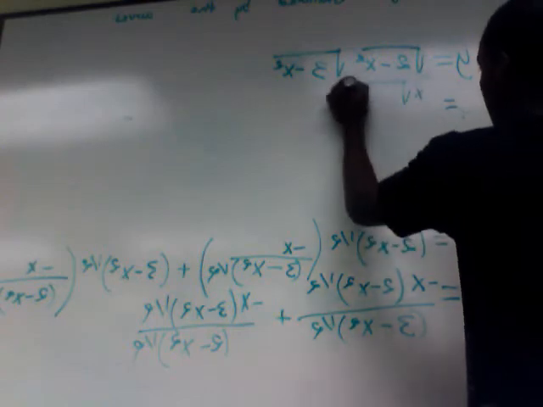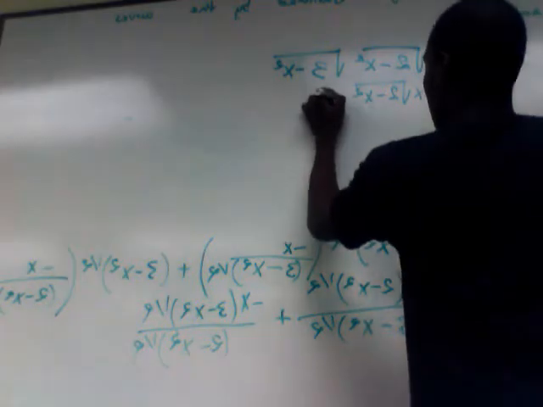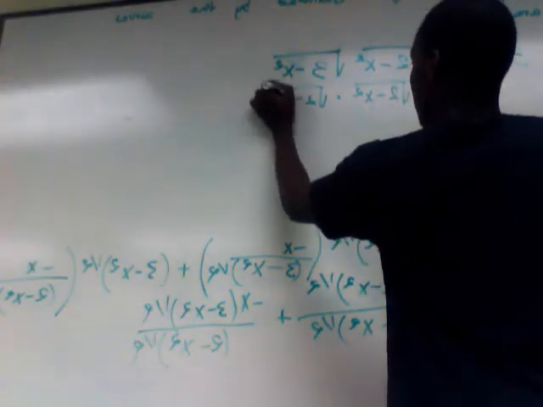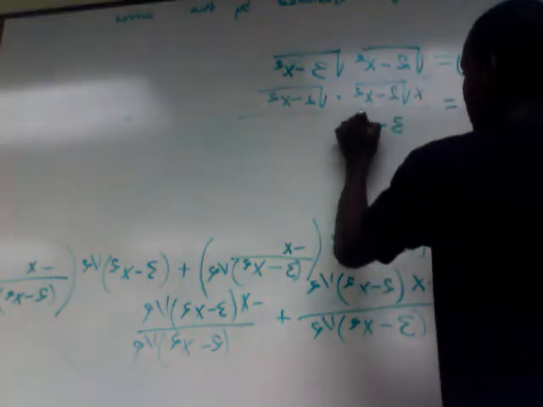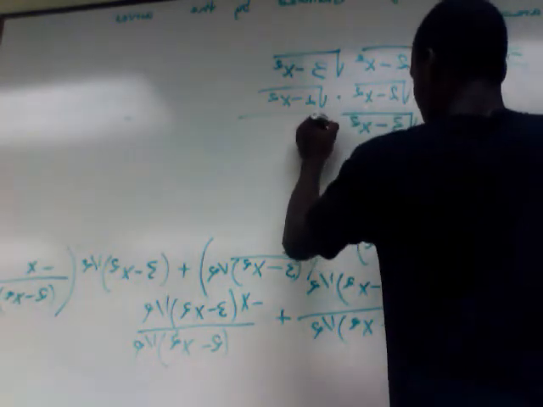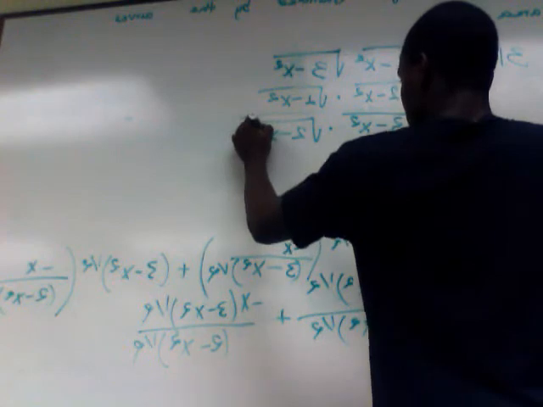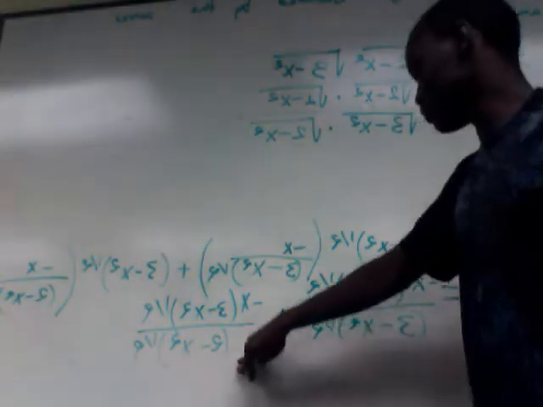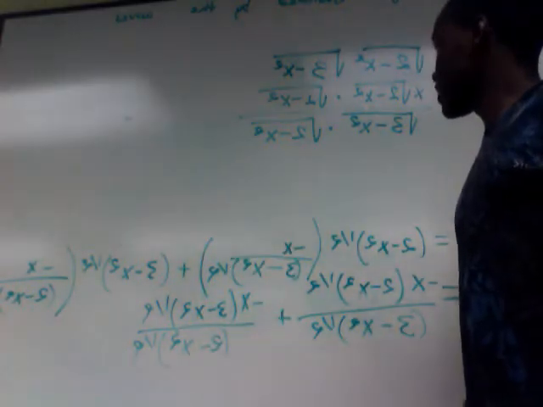negative x square root of 2 minus x squared times square root of 2 minus x squared over 3 minus x squared times the square root of 2 minus x squared. And then we do the same thing here. I'm going to multiply everything by the square root of 3 minus x squared.